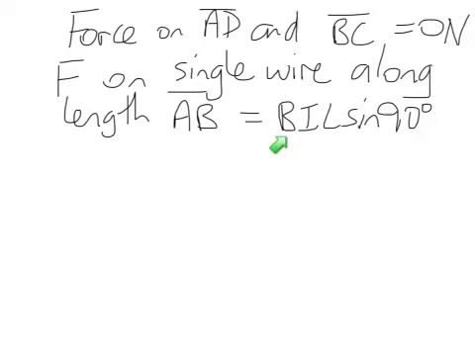So if we substitute in the magnetic field strength 0.36 Tesla, the current 0.26 amps and that length 0.20 meters, we end up with the force along a single wire AB as 0.1872 newtons.